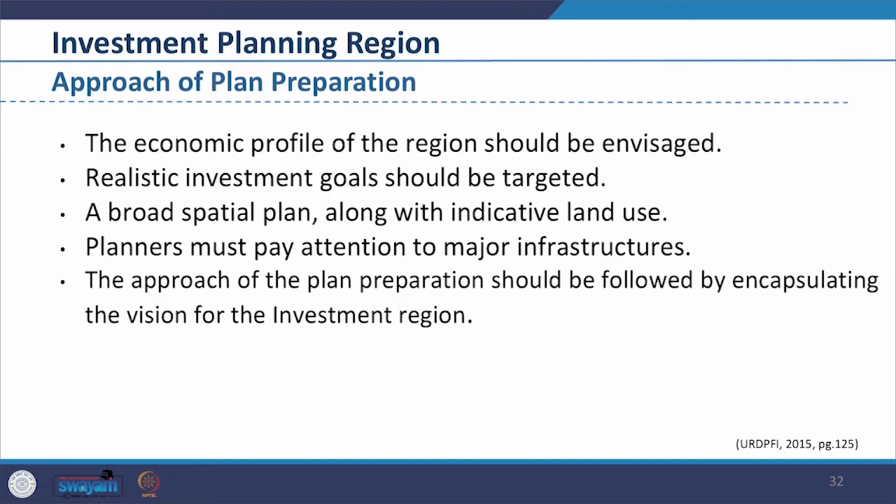At the given stage of investment regional planning, a broad spatial plan along with indicative land use shall be proposed for conceptualizing the region as a whole. Here, planners must pay attention to major roads, trunk infrastructure, tapping points for power and water, and carefully modifying the local drainage pattern.